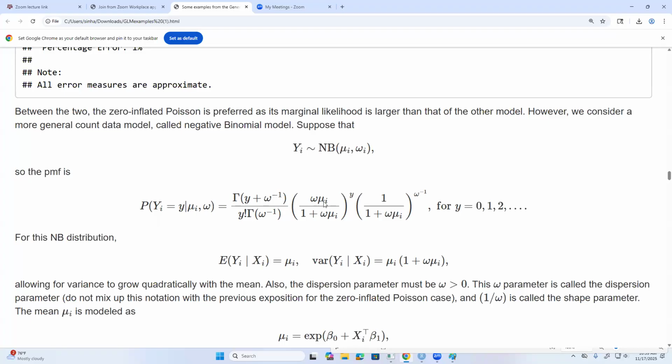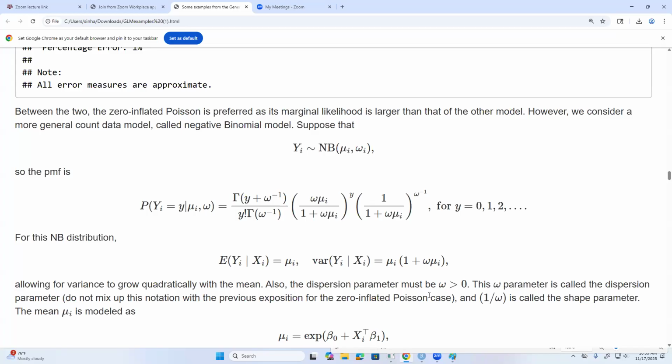This mu i is the mean value of the negative binomial distribution, which is modeled as e to the power beta 0 plus xi transpose beta 1. So this is again the log link. If I take log of mu i, I get the linear predictor part. And this omega is called the dispersion parameter.